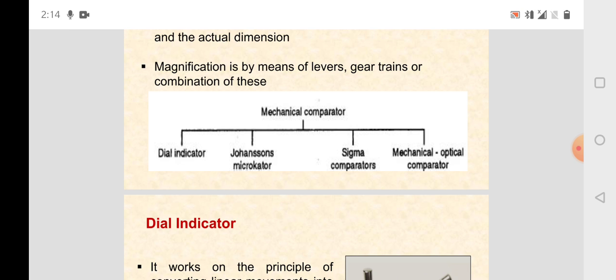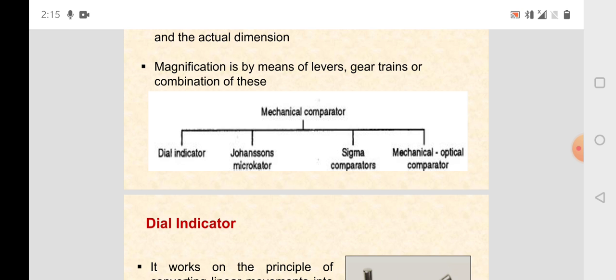All these mechanical comparators have the same principle of working, where the movement of that probe or plunger is transferred by a certain mechanism. The mechanism can be different in all four. The dial indicator has a separate mechanism, the Johansson Mikrokator has a separate mechanism, the Sigma comparator has a different mechanism, and the mechanical optical comparator can have a different mechanism.